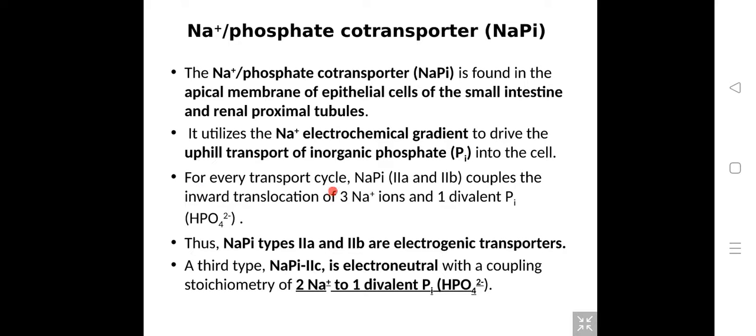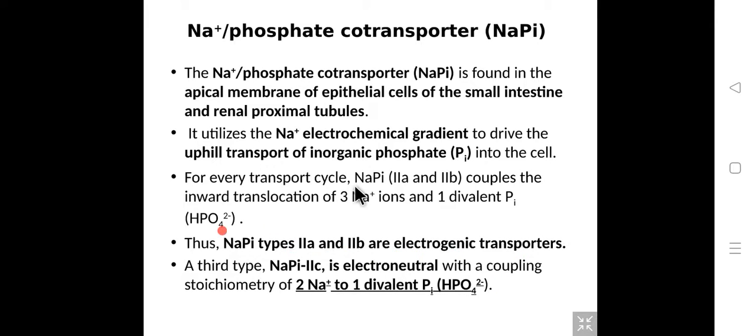For every transport cycle, what is important is that it couples inward translocation of 3 sodium ions and 1 divalent inorganic phosphate. So the sodium inorganic phosphate types 2A and 2B are electrogenic transporters.